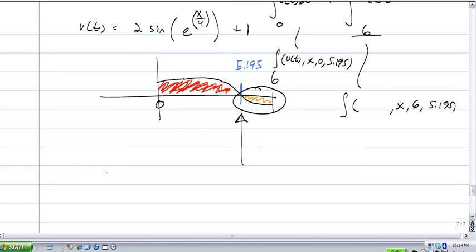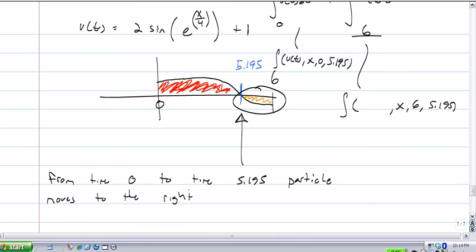So from time 0 to time 5.195, the particle moves to the right. How far?